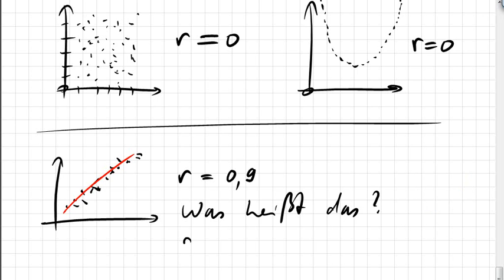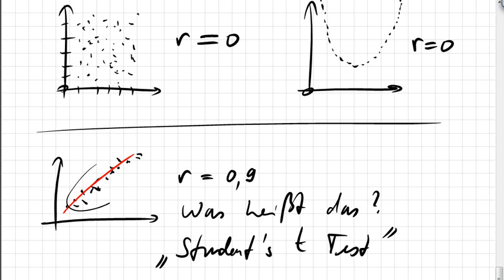Typically you do something that's called Student's t-test, which defines a criterion. What the probability is that my data are by chance on a line, and if that probability is large, then you could hardly say that there's cause and effect.